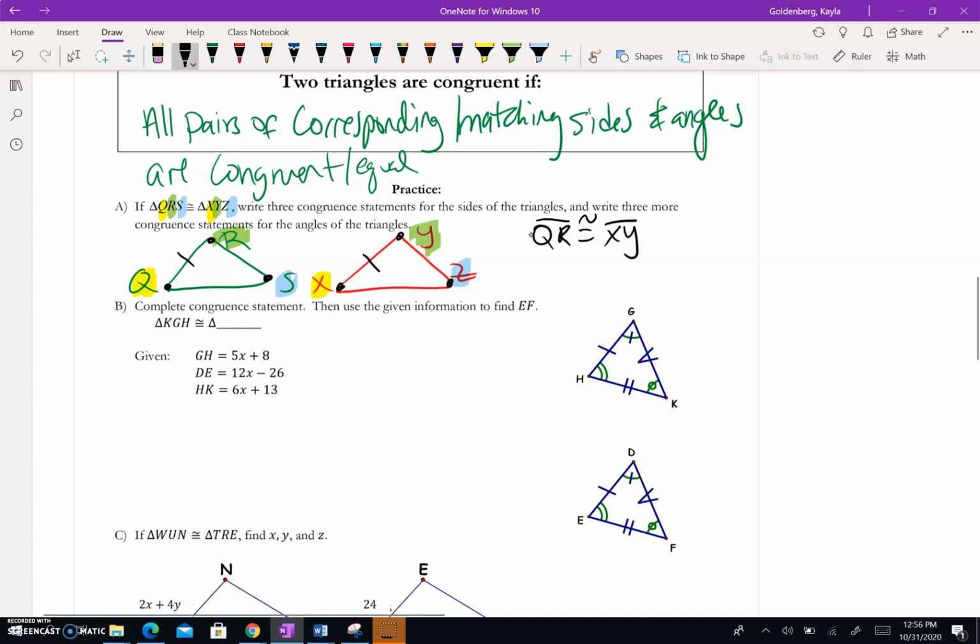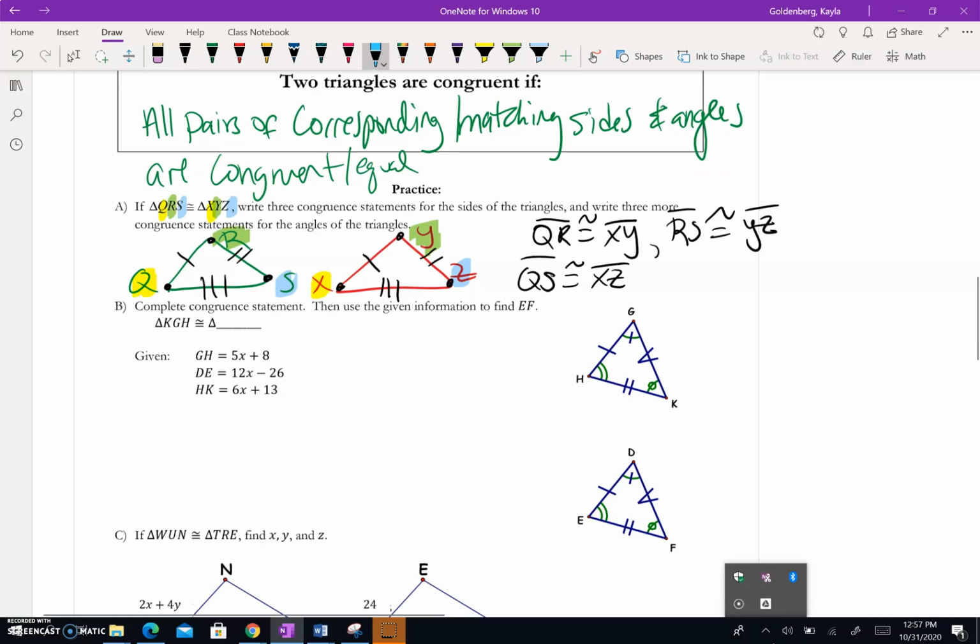Notice I'm going in the same order, bottom to top, so to speak. I know R to S is the same as Y to Z. Segment RS is congruent to segment YZ. Okay, last one I know, bottom. I know segment QS is congruent to segment XZ. So there are my side statements.